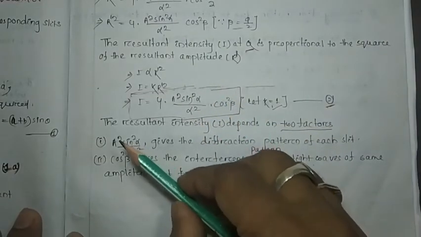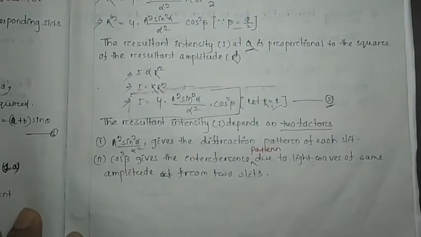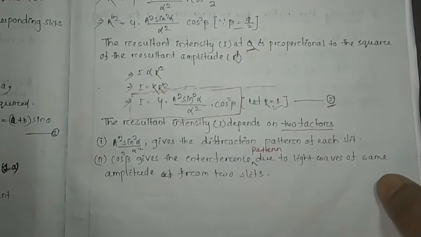This A square sin square alpha by alpha square gives the diffraction pattern of each slit. How?